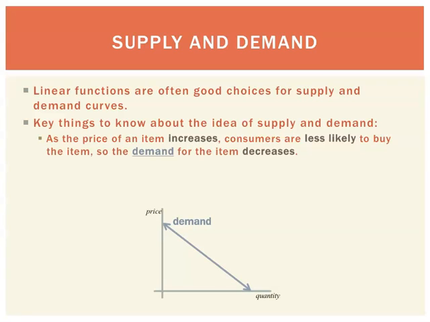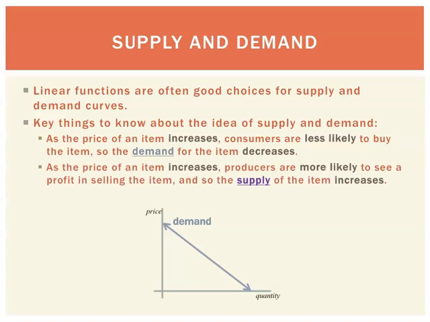As you can see here, when the price is very high, which is on the far left, then the demand is small, so the quantity is high. As you move further along towards the right, as the price gets lower, consumers are more likely to buy the item, so the demand is going to increase, which means the quantity of the item that's out there is much lower.